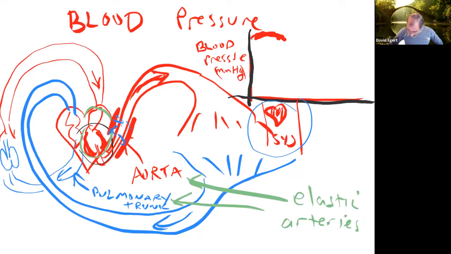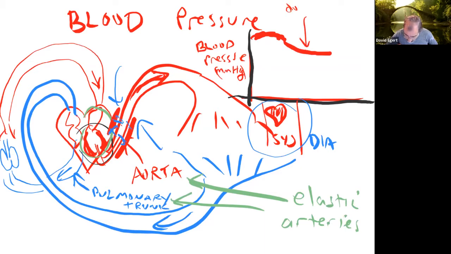And then during diastole, rather than having the pressure drop to zero because the ventricles aren't pushing anymore, you actually have that elasticity of the large arteries keeping the blood pressure from dropping to zero. It's going to go down a bit, it's going to drop, but it's not going to go to zero because this is due to elasticity of those large arteries.